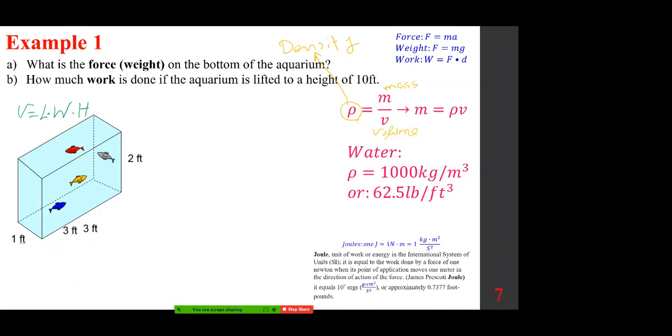So we have the volume, so we can find the force or the weight using this formula. So what is the volume? 1 times 3 times 2, in any order you want to put that, the length times the width times the height. And then you're going to multiply by the 62.5, which is given here. And now you have the answer.